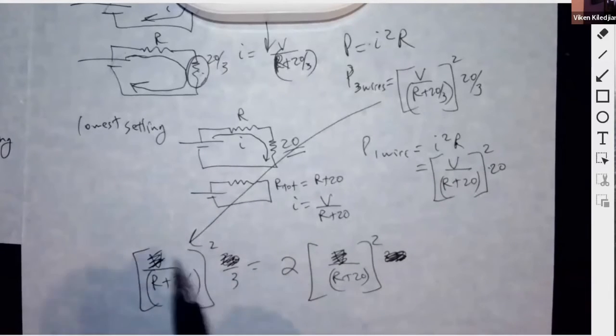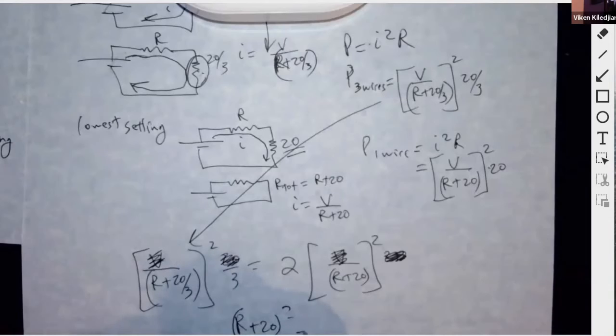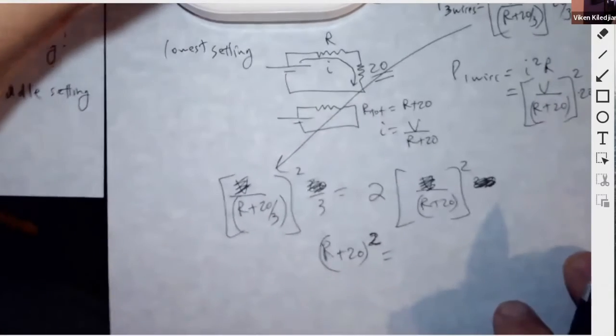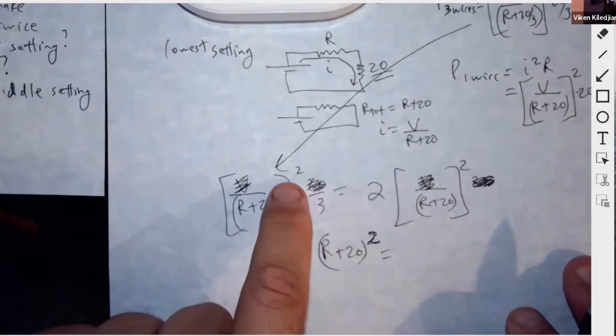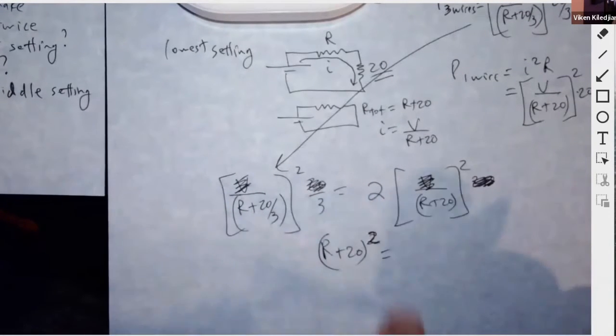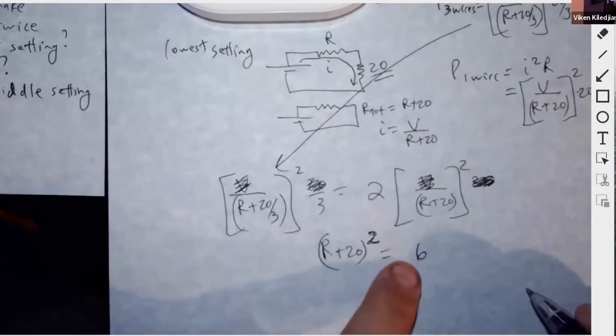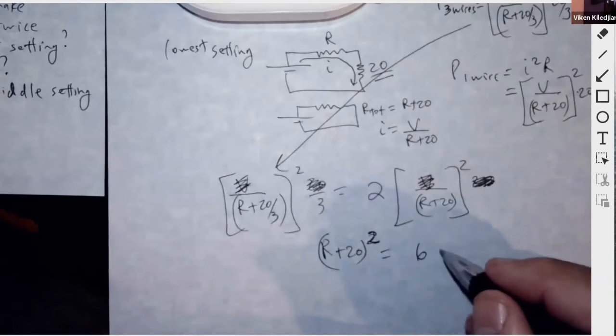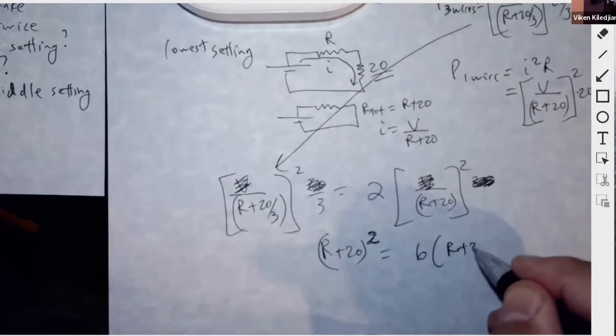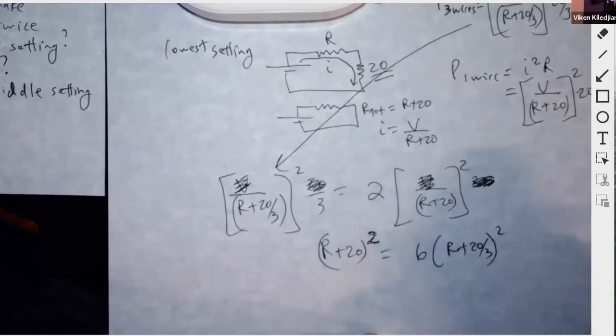And you could cross multiply. So you could get R plus 20 squared is equal to, cross multiply this one over there. And then the 3 cross multiply over there. So that's 6. Right? 3 times 2 is 6, and then this one cross multiply over there. R plus 20 over 3 squared. Oh, okay, became a nice problem.